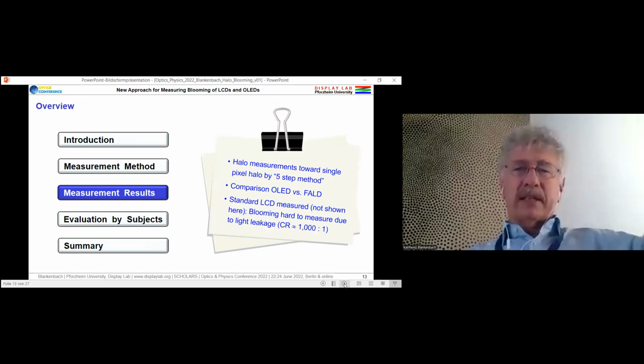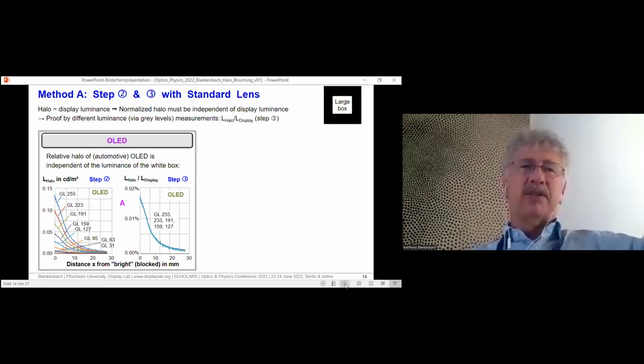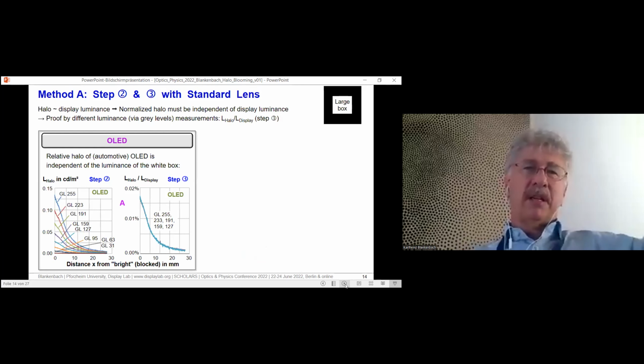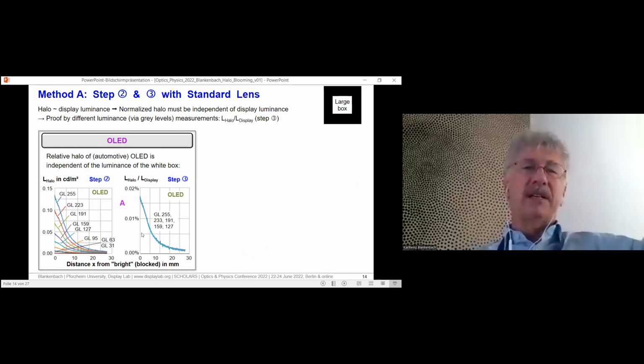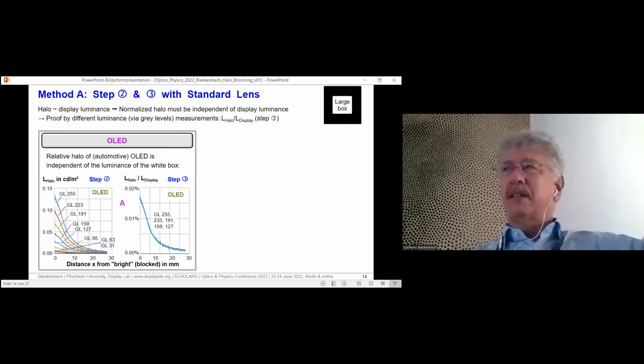So in the next section, I show you the results of the further steps. First, we started to verify that we are really measuring halo. The assumption is, and we proved this as well, that the halo due to the waveguide principle depends on the luminance of the pixel.